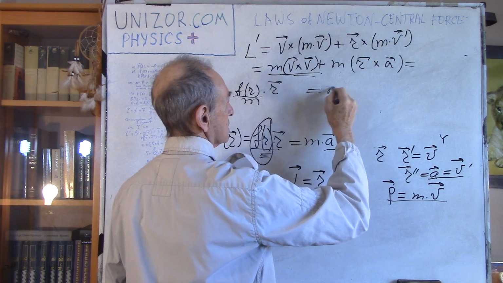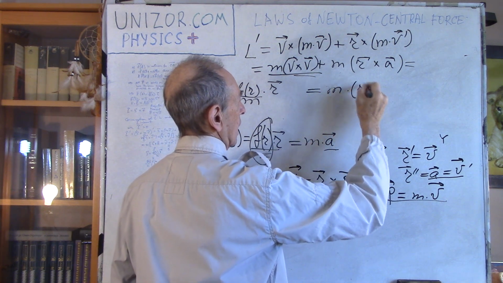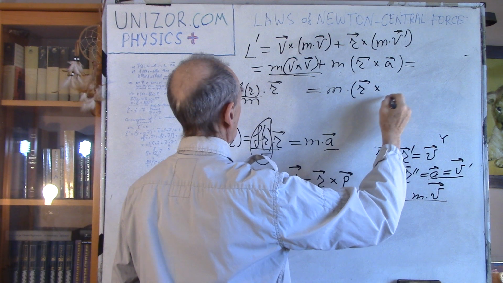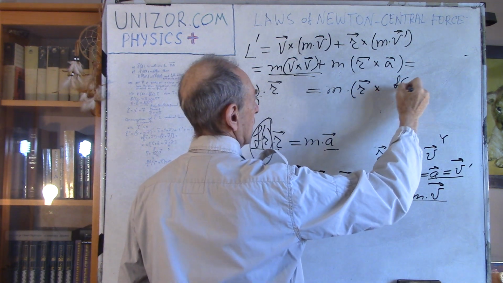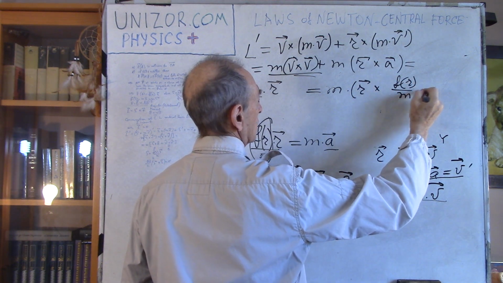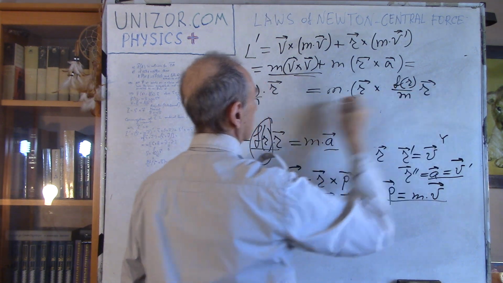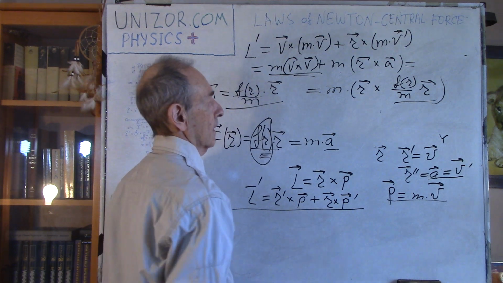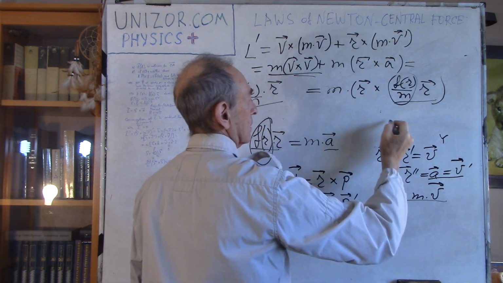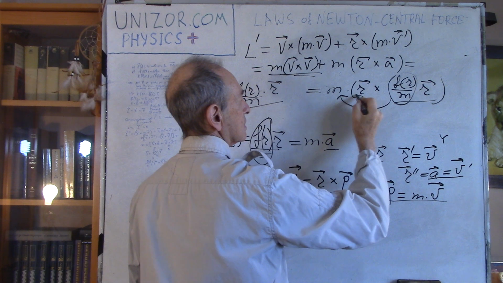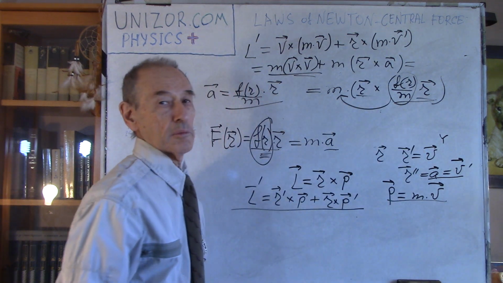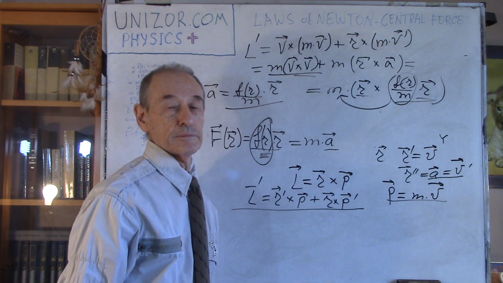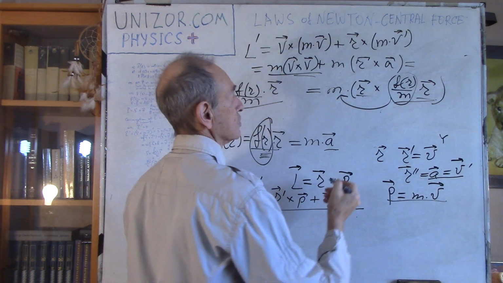What is this? This is m times r, vector multiplied by f of r over m, times r again. Again, this is a scalar, it goes out, and what we have is r multiplied by r. Again, vector multiplication is 0.